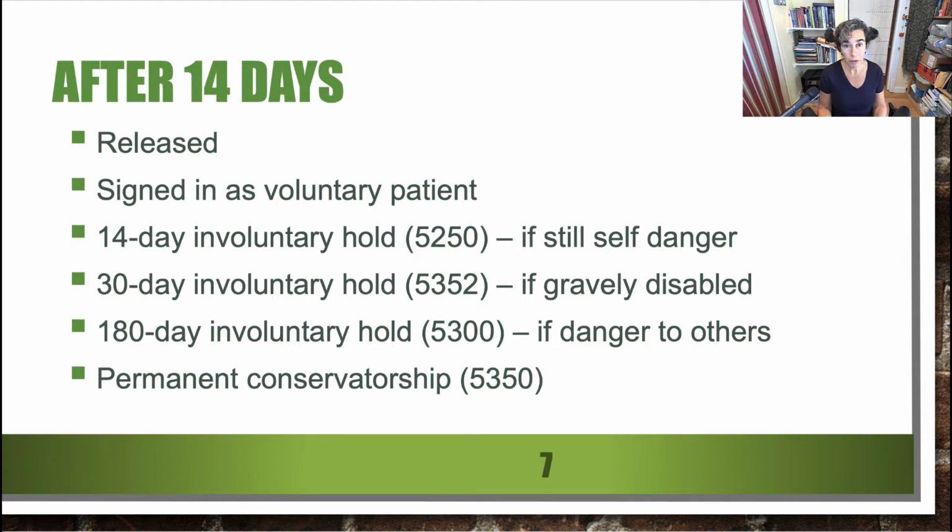Or the final thing that may happen is something called a permanent conservatorship. This is challenging to get, and it is when someone is deemed unable to care for themselves and unable to be on their own, and someone else, either someone in their family or a court-appointed person, is their conservator and makes decisions about their life, about their finances, etc. This is called a 5350.